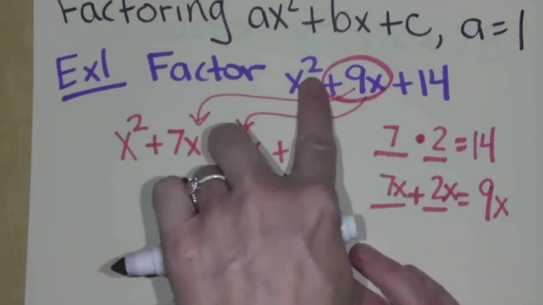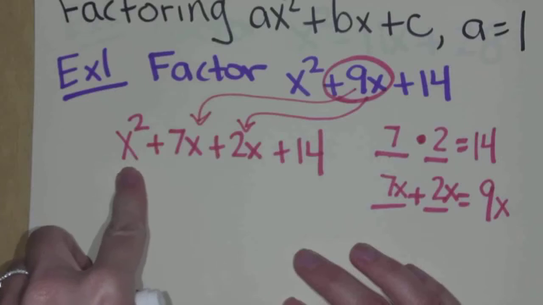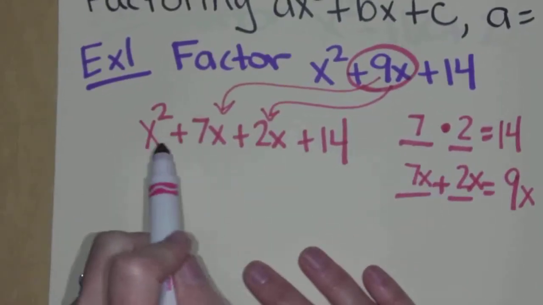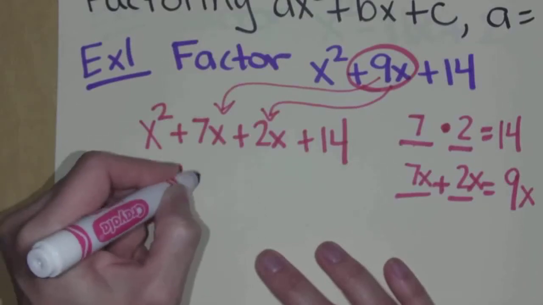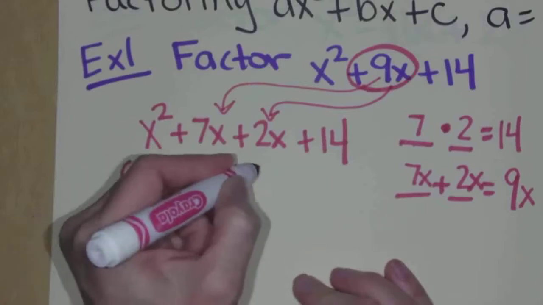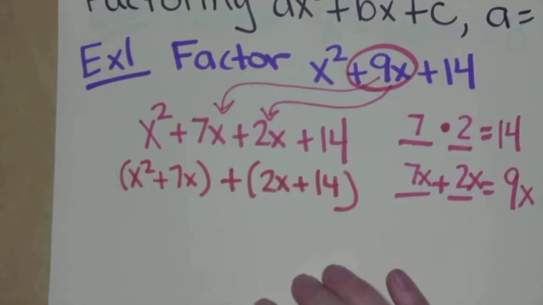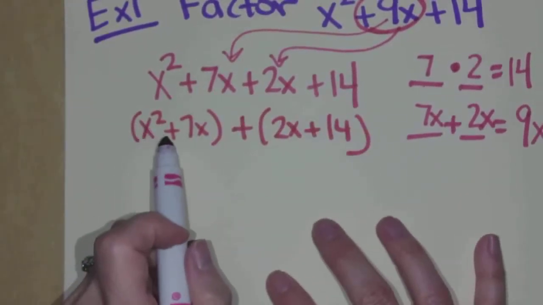Now we have a trinomial written as the sum of 4 terms, and this is going to look very familiar to grouping. We're going to group the first two terms together: x squared plus 7x, plus, and group the second two terms together, 2x plus 14. Continuing with what we learned with grouping, we factor out the GCF.